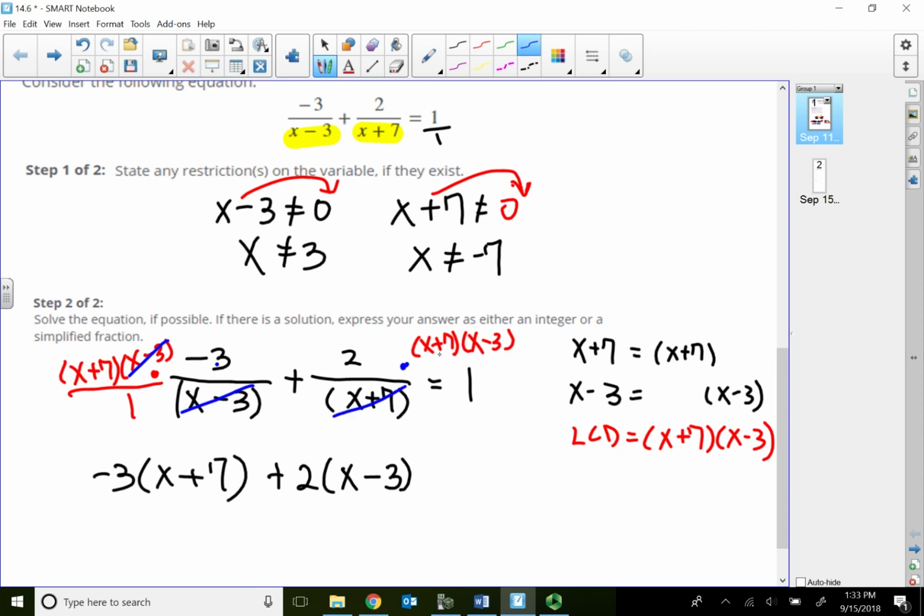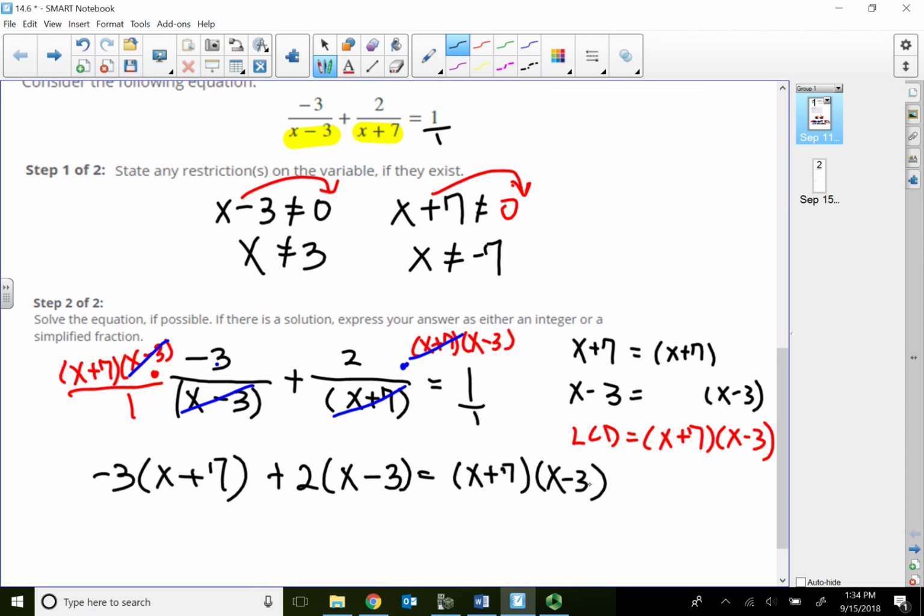Okay, so that's basically the idea. Equals, all right, the denominator under the 1 is a 1, so what does my LCD have that my third denominator does not have? My third denominator does not have both of these. So we take both of those times my numerator 1. That would just still be x plus 7 times x minus 3.